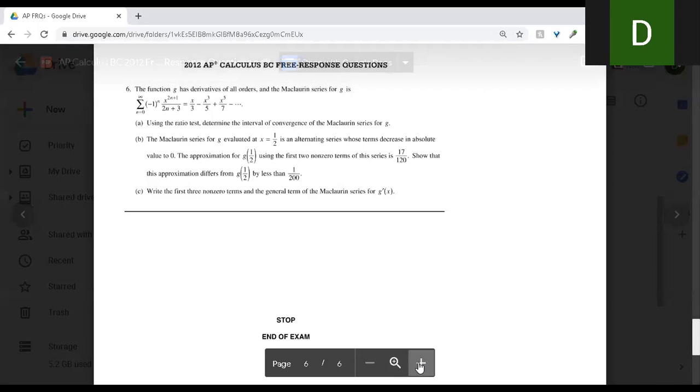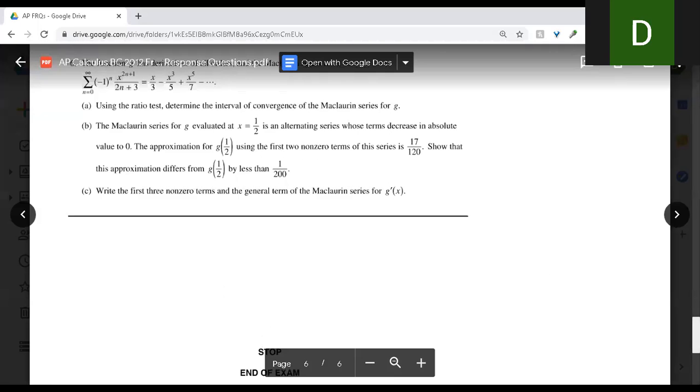So 6C: write the first 3 terms and the general term for the Maclaurin series. I don't think they're going to ask you anything about a general term, but if you find the first 3 terms, that makes it a Taylor polynomial. That's why I still assign C, because this is still good practice. So on 6C, this is going to be G prime. Do we have G prime of X?